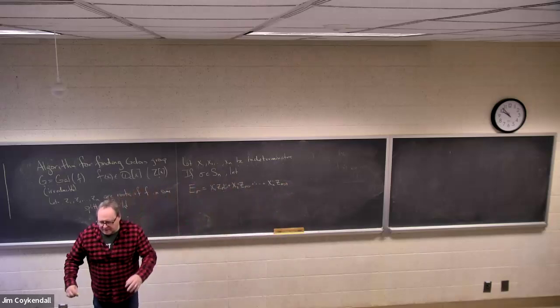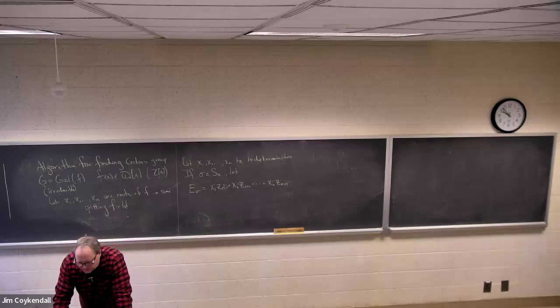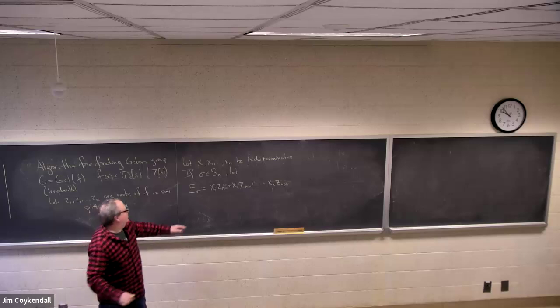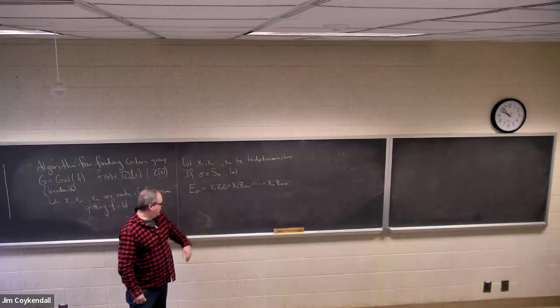So this is like a big linear polynomial. It's linear in each of the variables. And basically we have an E sigma for every sigma. We go through the Galois group, seeing how they permute the roots.